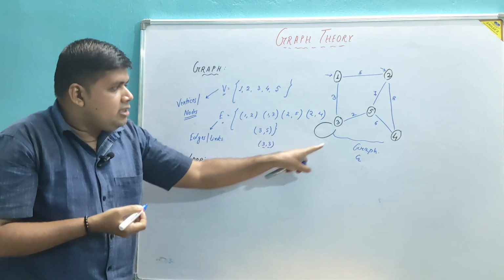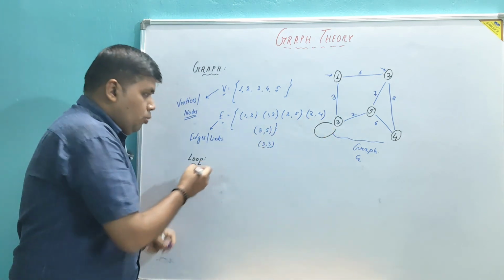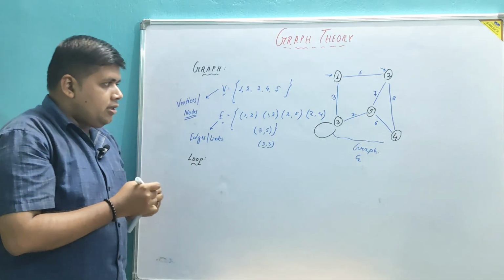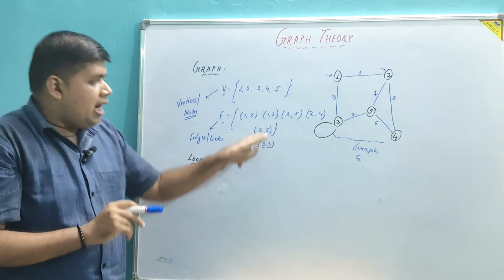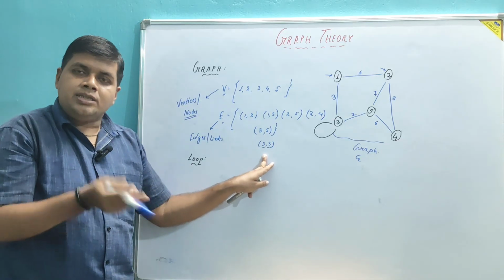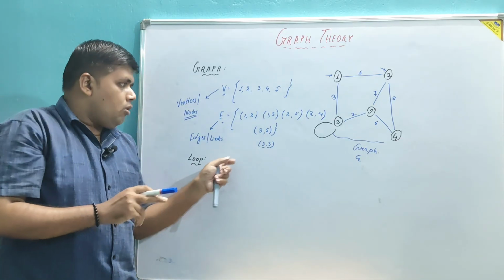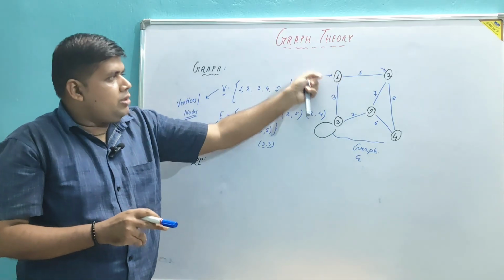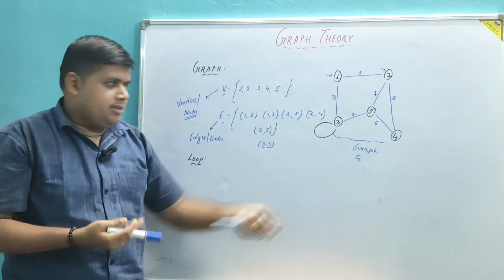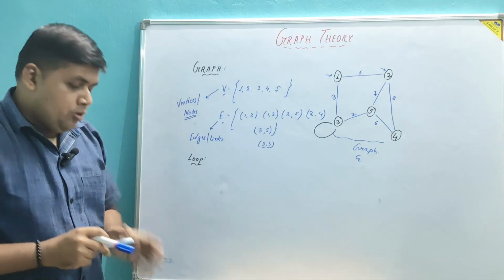So if such an edge is present, it is called a loop. In other words, a loop is an edge having the same start and end vertex. Similarly, this can be with any one of the vertices. So that is called a loop.